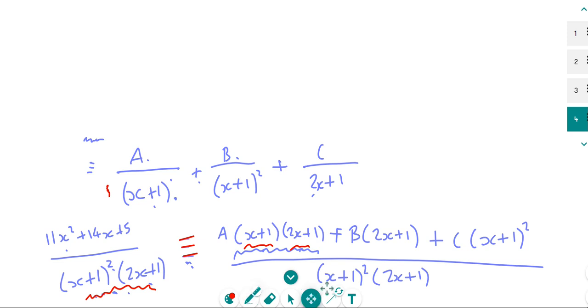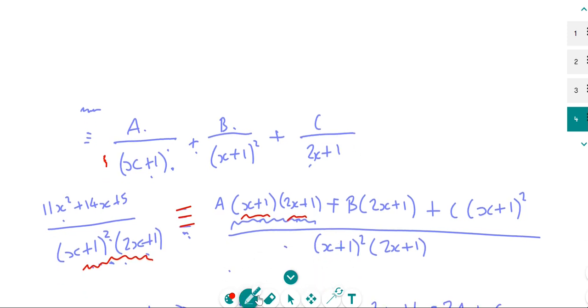Okay. For b as well, I've done the same thing. It had x plus 1 squared, which was already in here, so it was missing a 2x plus 1. So now it has a 2x plus 1 at the top there. Okay. And for c, already had 2x plus 1, so it was missing x plus 1 all squared, and now it's got that.